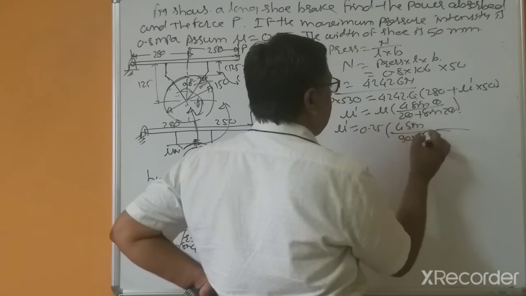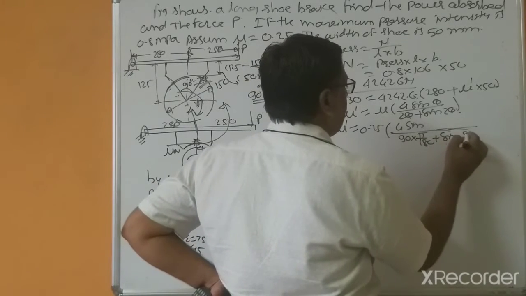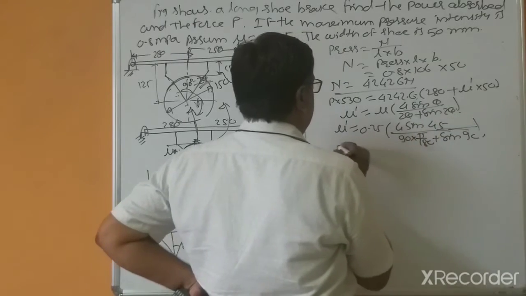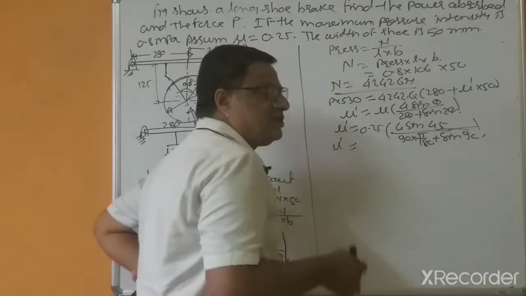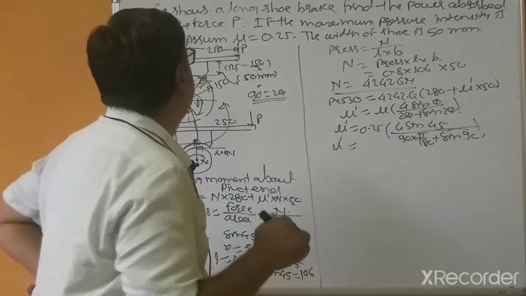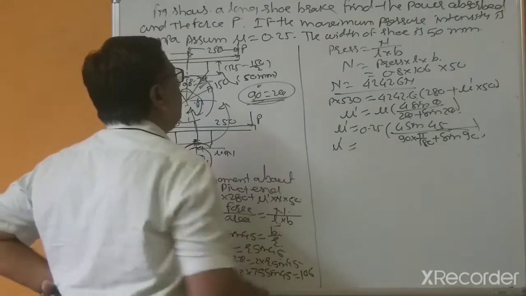This requires a radian, and this is 90 degree, and this is 45 degree. If you calculate such things, you will get 2 theta equal to 90 degree.